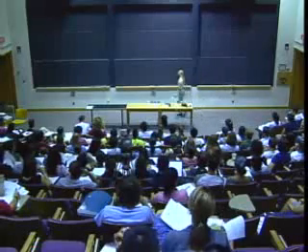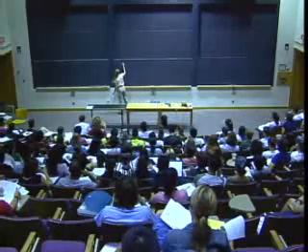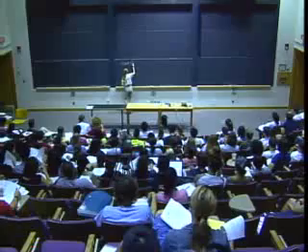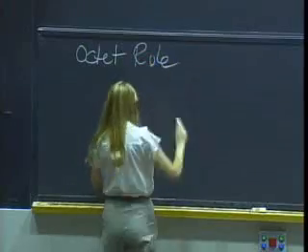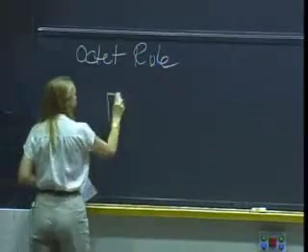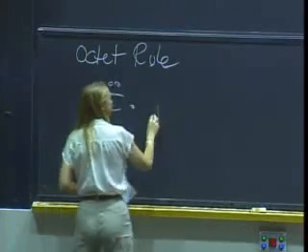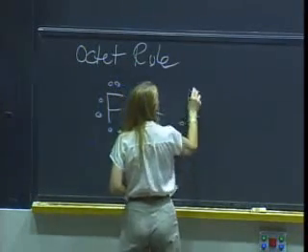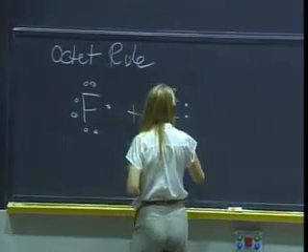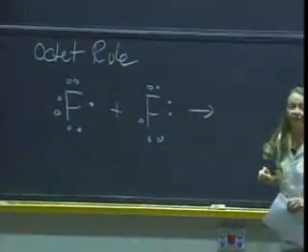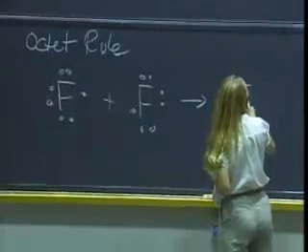The octet rule. Okay, so for example, if you have a fluorine atom with its 7 valence electrons coming together with another fluorine atom with its 7 valence electrons to make a fluorine molecule.